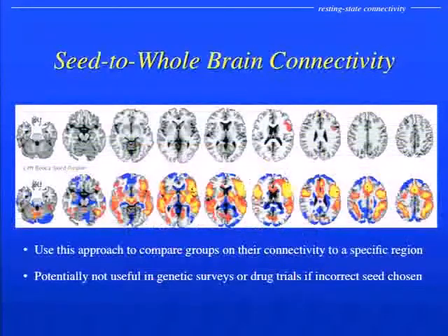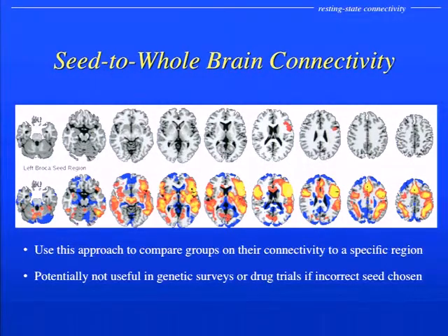In a basic seed to whole brain connectivity study, we would do something like this. This is a left frontal area defined in a reading task, and you can correlate that with the rest of the brain, and it shows that you bring out the reading or the language areas, particularly on the left, but you actually bring out the homologs on the right hemisphere as well, and so you can reveal this circuitry. And then once you get a map like this, you could compare this for two different populations, for example.